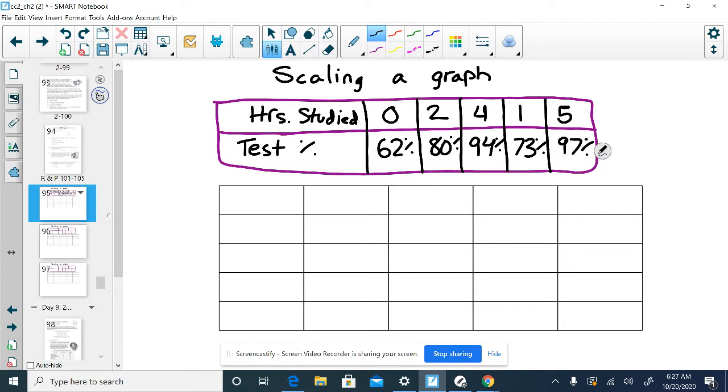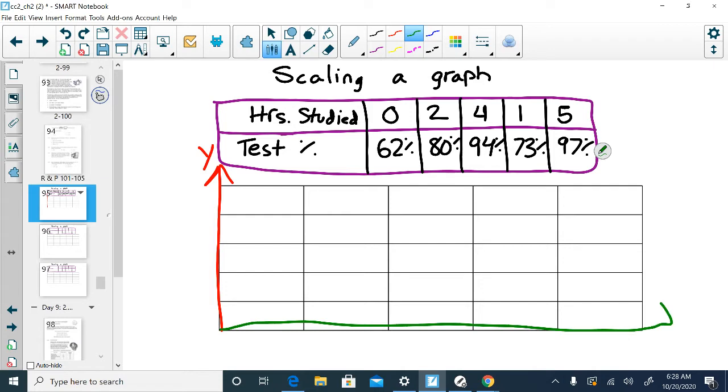Okay, so now the first thing that we need to figure out when looking at this data is what would be our y variable and what would be our x variable. In other words, what would be our independent and dependent variables. We have two axes: our y goes vertically, and our x goes horizontally across.